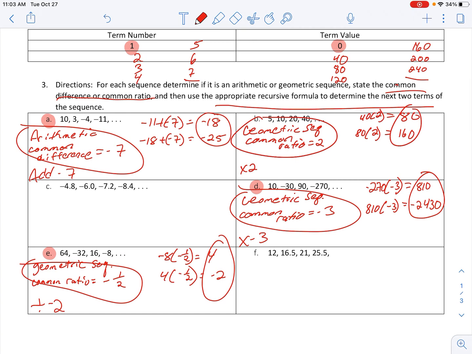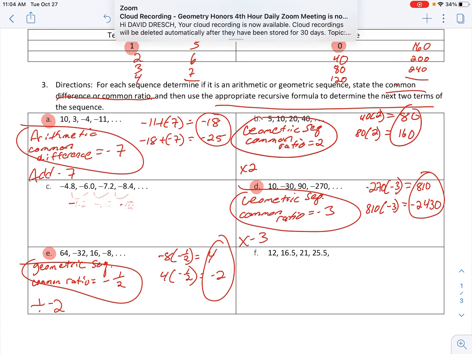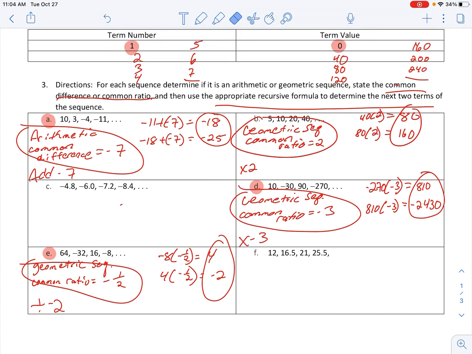Letter C, negative 4.8 to negative 6, negative 6 to negative 7.2. Okay, well, it looks like I'm decreasing. I'm going down, so in this case, subtract. 6 minus 4.8, that's going to give you a difference of 1.2. Keep subtracting 1.2. So minus 1.2 is what's happening here.